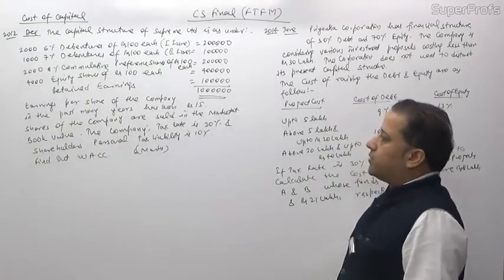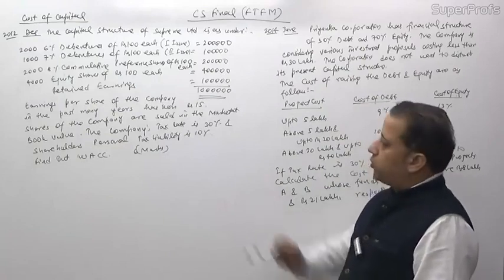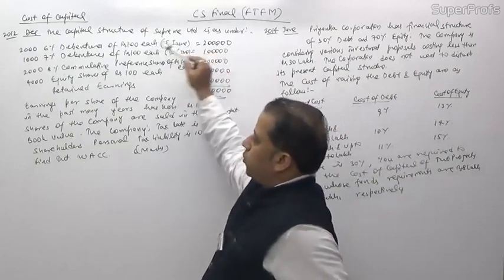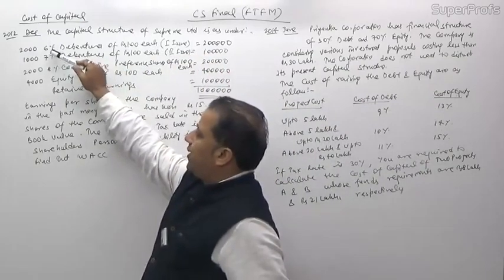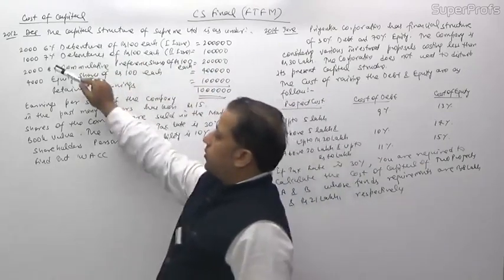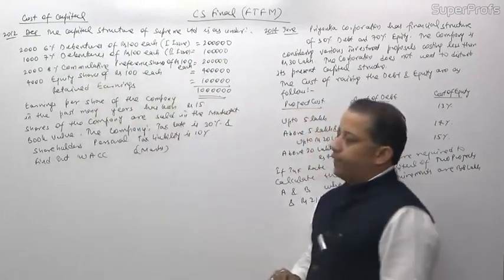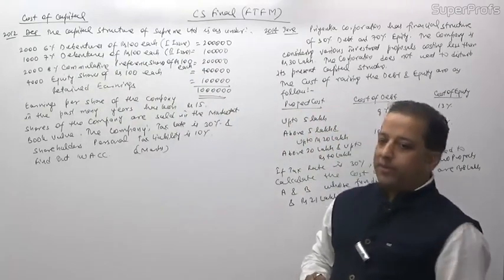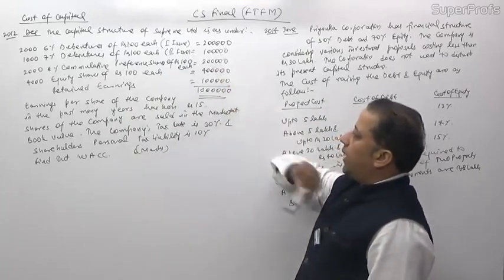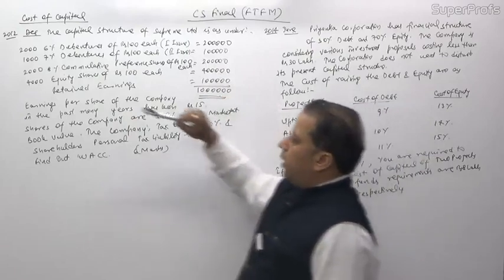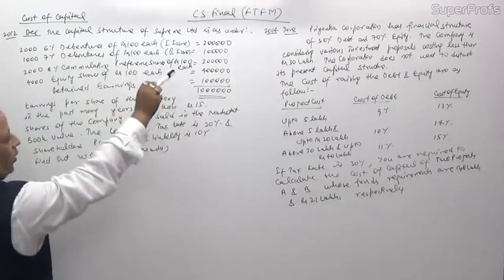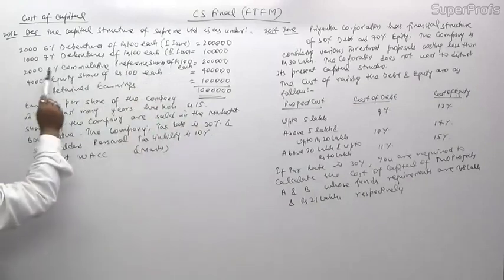There are 6% debentures of rupees 100 each, first issue, and 7% debentures of rupees 100 each for the second issue amounting to rupees 1 lakh.